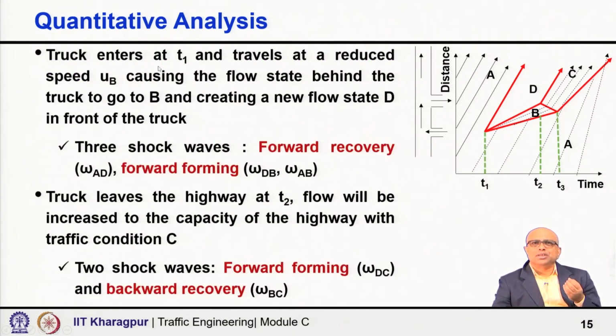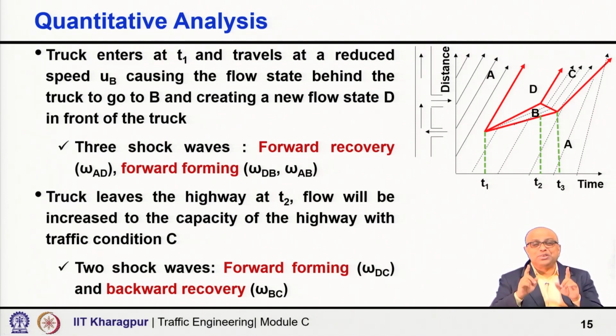Now, once the truck enters at time t1 and travels at a reduced speed ub, it causes the flow state behind the truck to go to B. So, again a new traffic state will be created because of the queued vehicles.